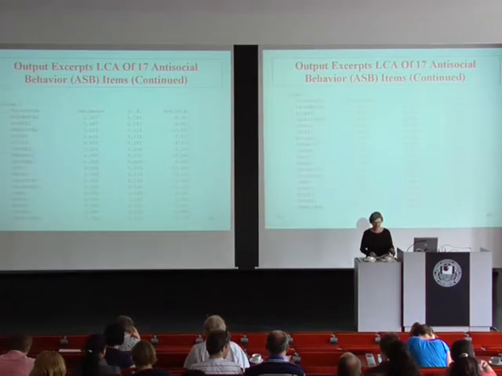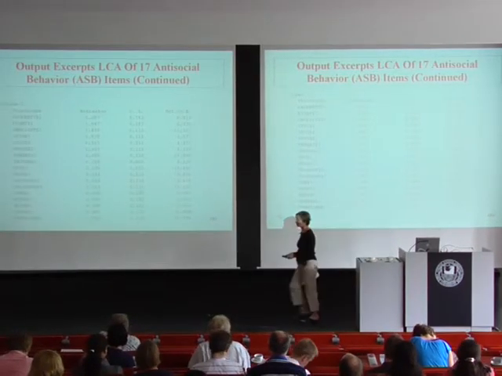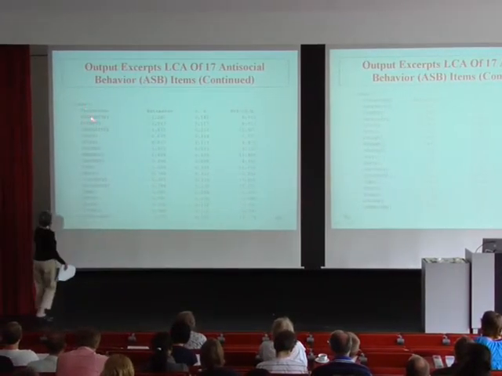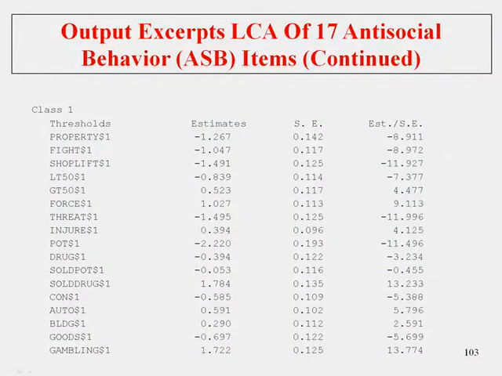So I'm going to take this because I wrote what the classes are on it so I don't forget. Class 1 is the high class. So we have low thresholds, which are equivalent to high probabilities. We give you the results in two ways.